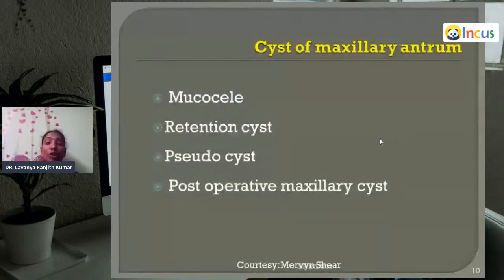The sixth is cyst of the maxillary antrum, which includes mucocele, retention cyst, pseudocyst, and postoperative maxillary cyst.